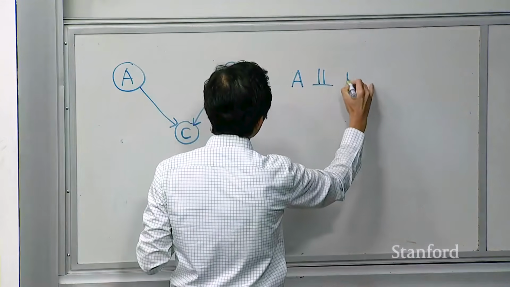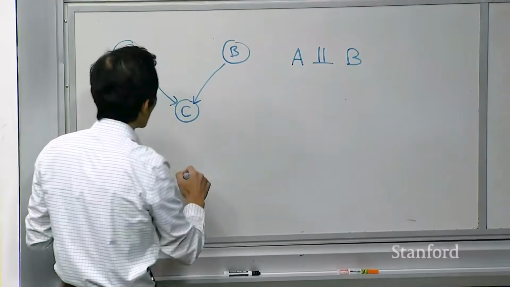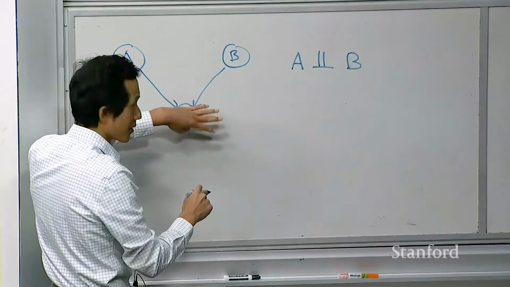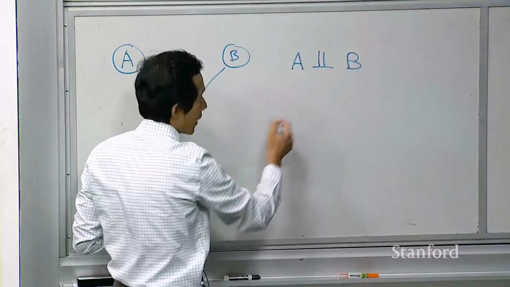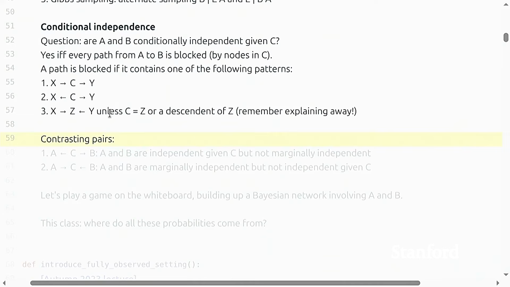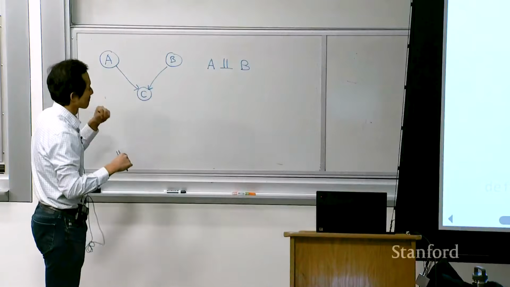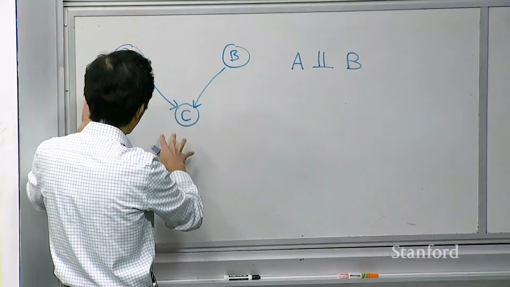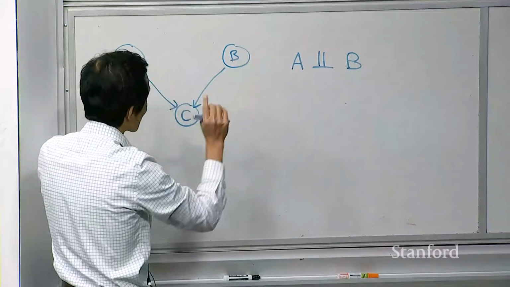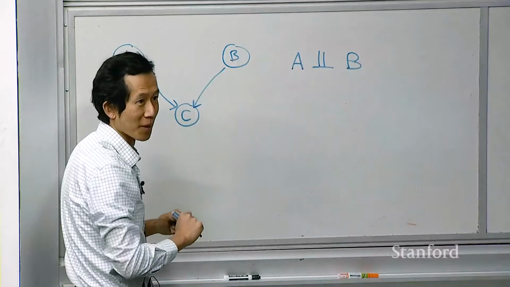A is independent of B. In particular, I don't condition on C. And this appeals to rule 3 here because it's blocked if you're not conditioning on something, okay? So that means you can't get across. If you're blocked, that means you're independent.